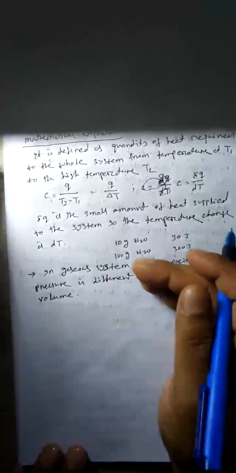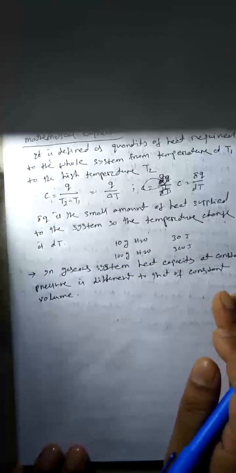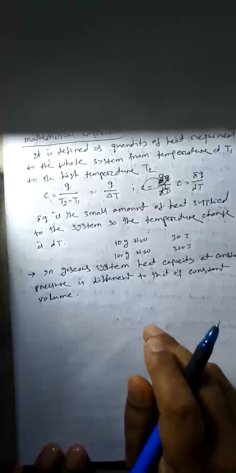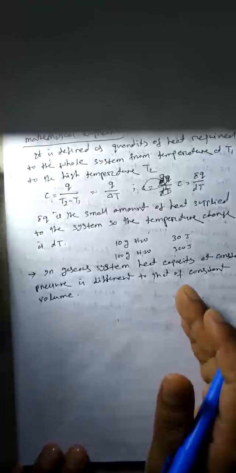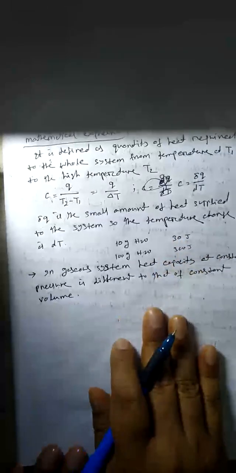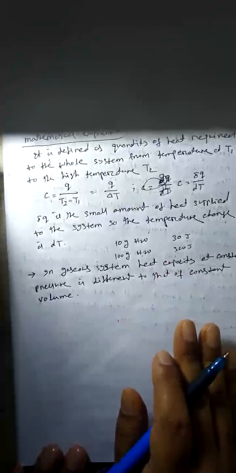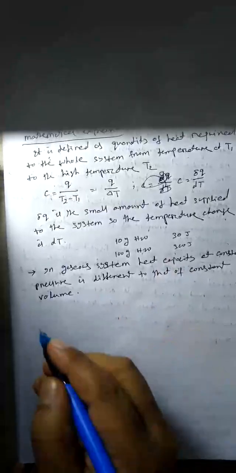That means, suppose the system is in the gaseous state, heat capacity at constant pressure has one value, and heat capacity at constant volume has a different value. There are two different values you can get. That happens in the case of a gaseous system.